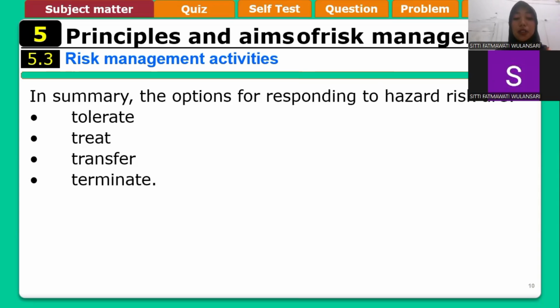However, policies, procedure, and communication and consultation tasks are more appropriately considered part of the risk management framework rather than part of the risk management process itself.